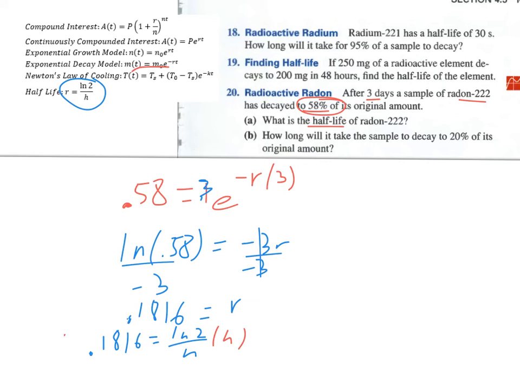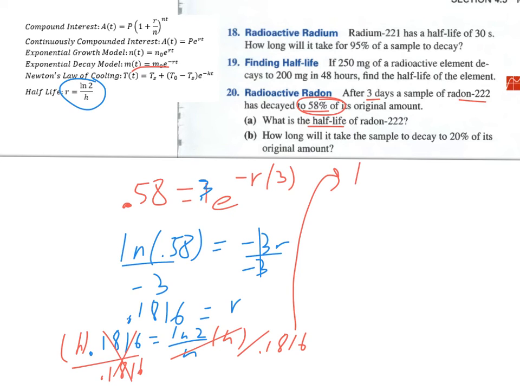So anytime I know what r is, I can use that to multiply the h over, and I'll divide that 0.1816 back over to this side. And so that gives me h as ln2 divided by 0.1816, which would be half-life at about 3.817 days.